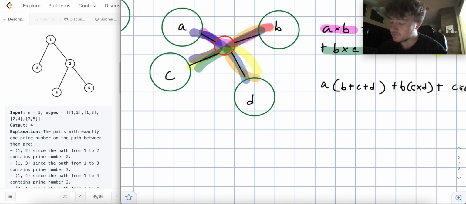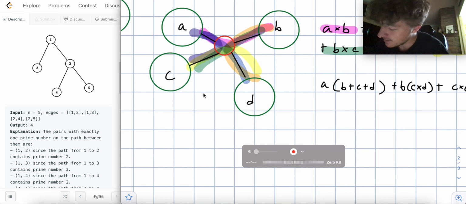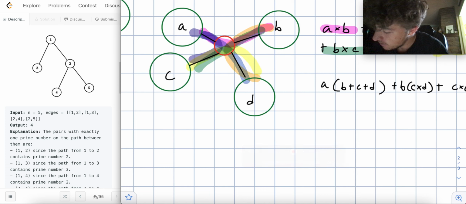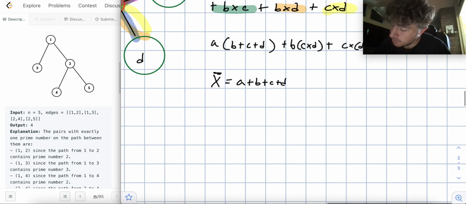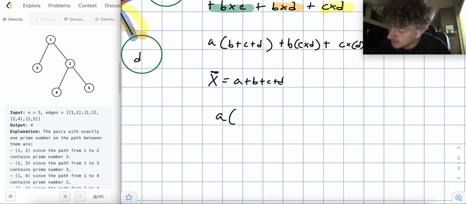So all I have to do is find the sum of this. Let's call it big X, where big X equals a plus b plus c plus d. Then all we have to do is multiply a by X minus a.